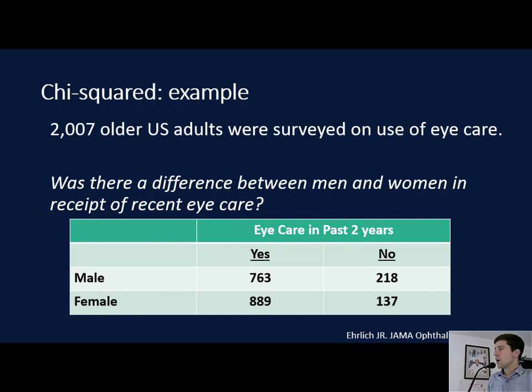Okay, if there's no relationship between eye care and gender, we can calculate what we would expect to find in this cell, this cell, this cell, and this cell, given our sample size. Okay? This number would probably be a little bit higher. This number would probably be a little bit lower, right? Because we would be expecting no difference, and so they would be closer to equivalent.